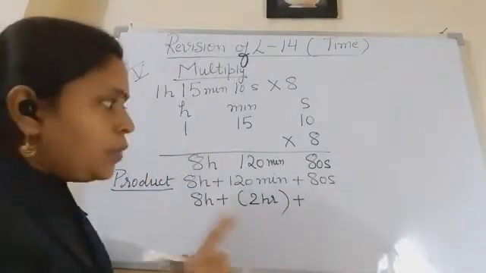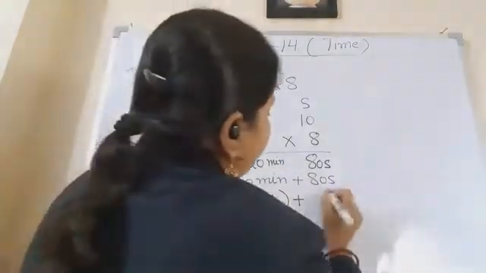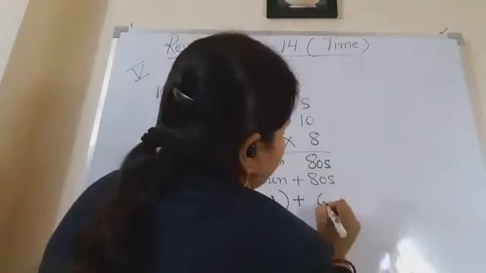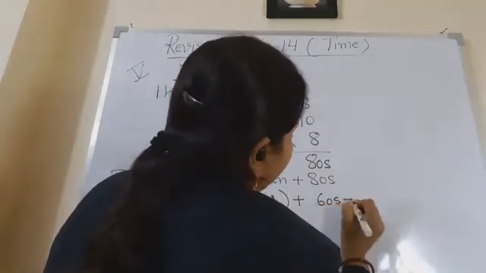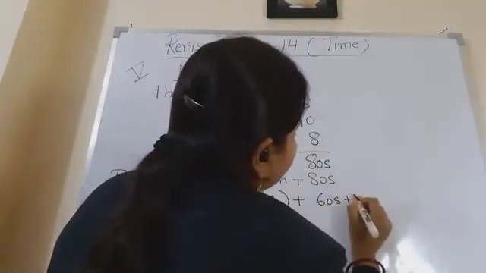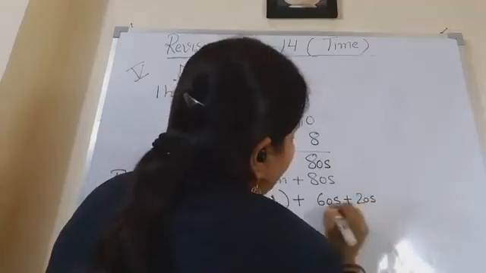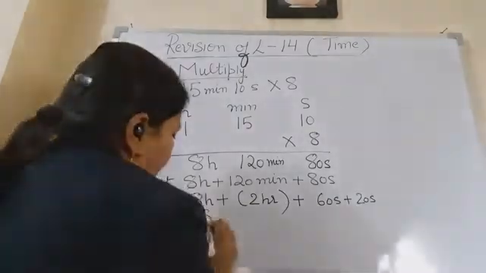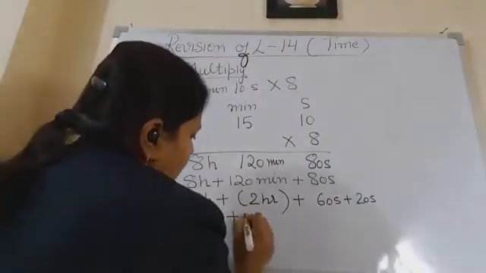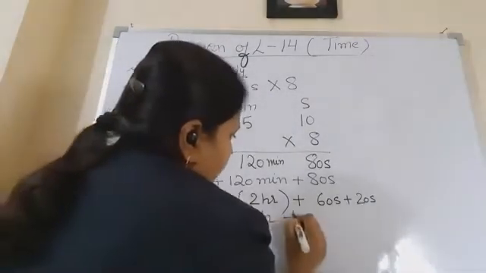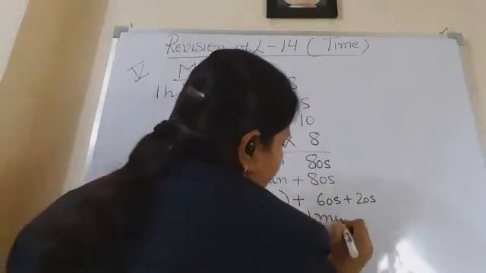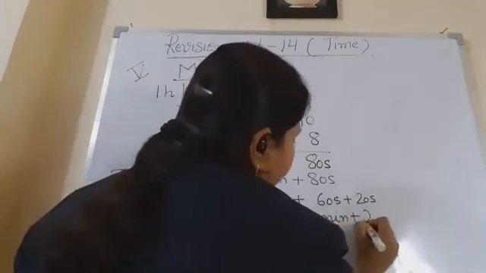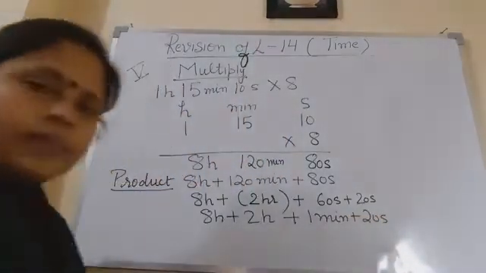Now children, 80 seconds. When you do the regrouping of 80 seconds, it is equal to 60 seconds plus 20 seconds, and 60 seconds is equal to 1 minute. So you can write 8 hour plus 2 hour plus 1 minute plus 20 seconds, right?